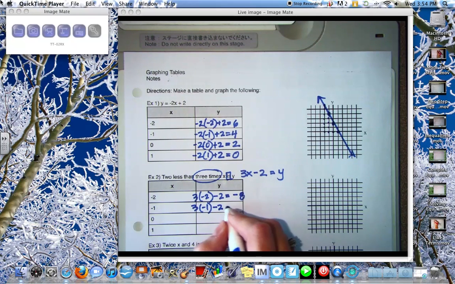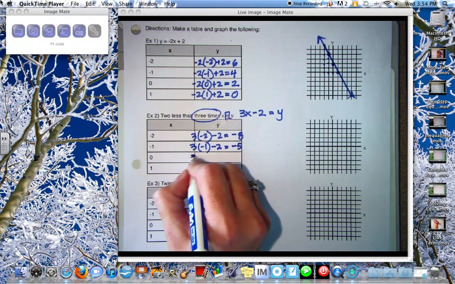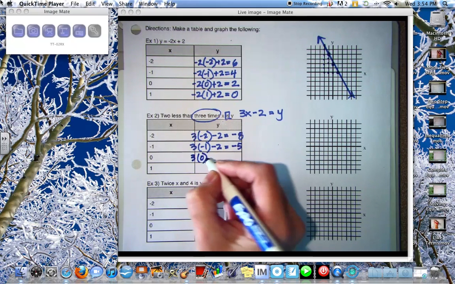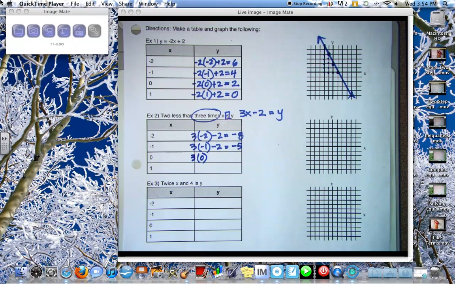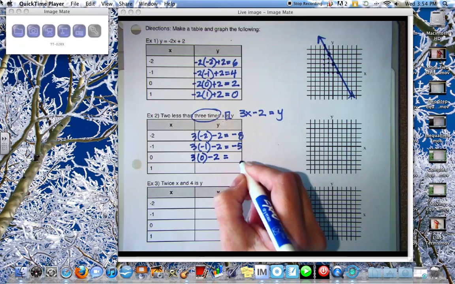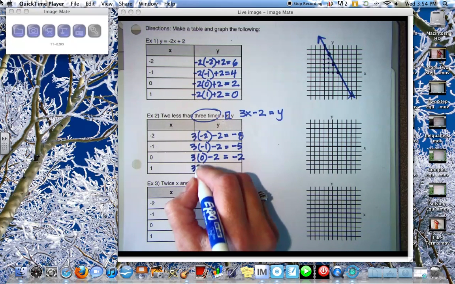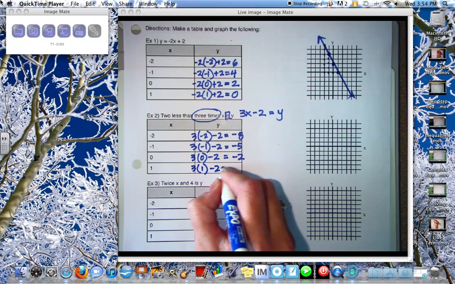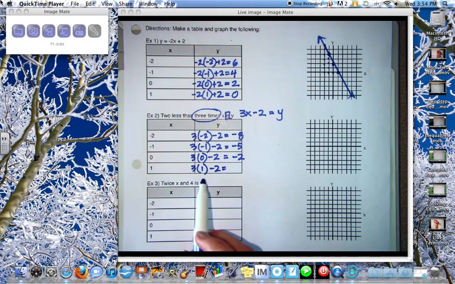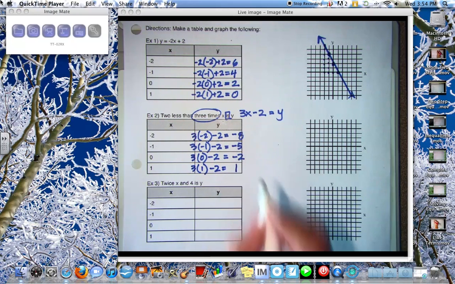Minus 2 gives us negative 5. We have 3 times 0, which is 0. Minus 2 equals negative 2. And for the last one, we have 3 times 1 minus 2. This gives us 3 minus 2 equals 1.